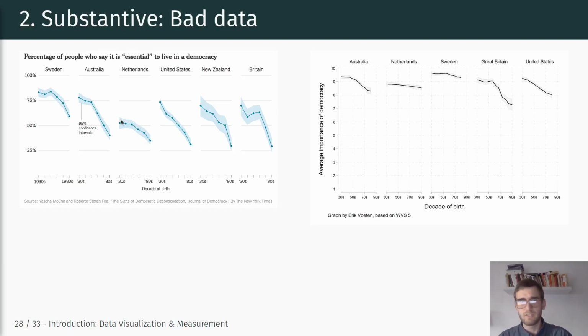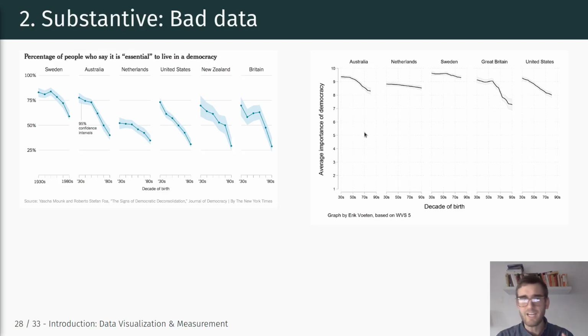And what the authors of the study on the left decided to plot was the percentage of people who chose the maximum category on that 10-point scale, right? If we use that as a measure, then yes, there is a stark decline in people who say that it is essential to live in a democracy.